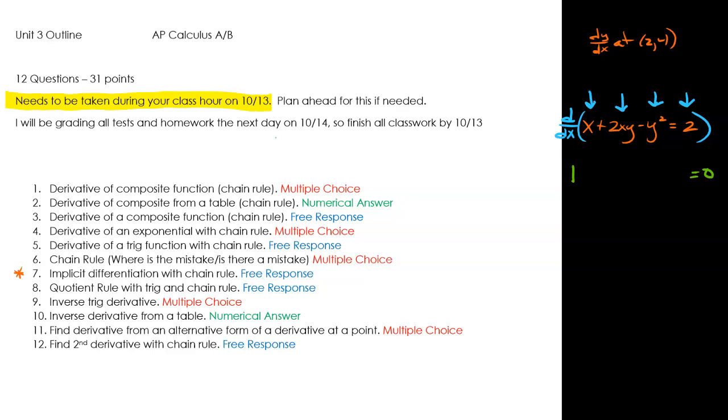Derivative of 2xy means you're going to need to do chain rule, or product rule. 2x would be f, and then y would be g. So f prime would be 2, g prime would be dy dx.